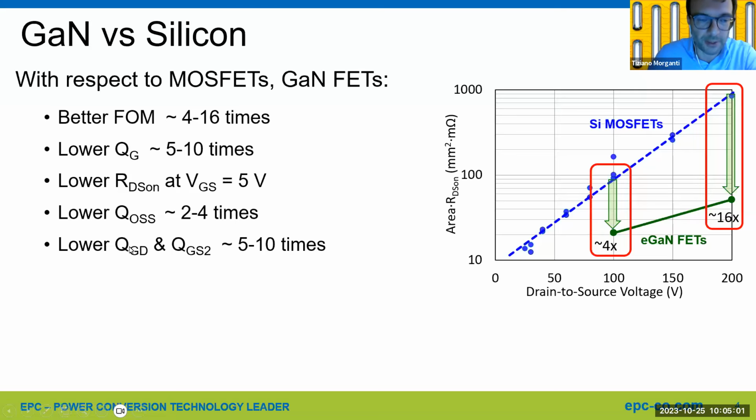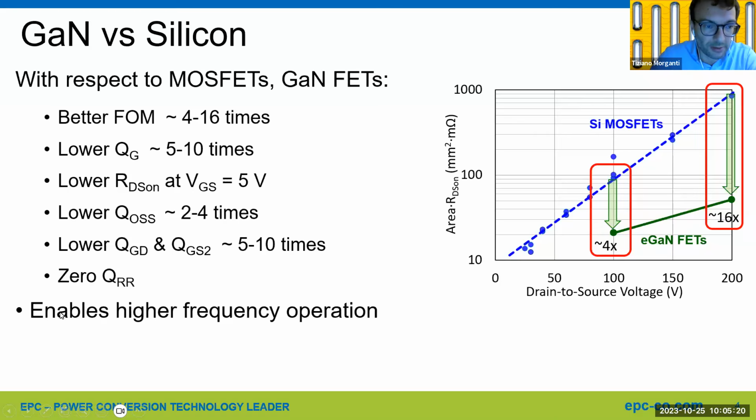So those are much smaller, and so we can get very fast transition on the voltage and current. So very fast switching. We have zero recovery on the third quadrant diode function. So all those factors are enabling much higher frequency operation compared to silicon.